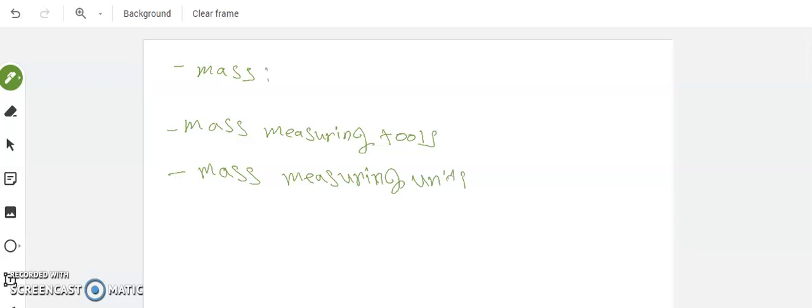So the mass here is the amount of matter in the object.